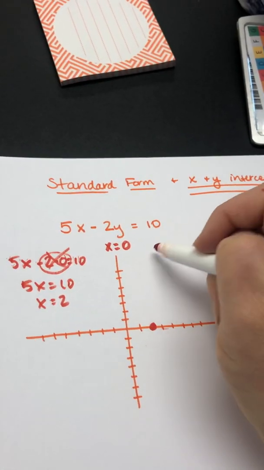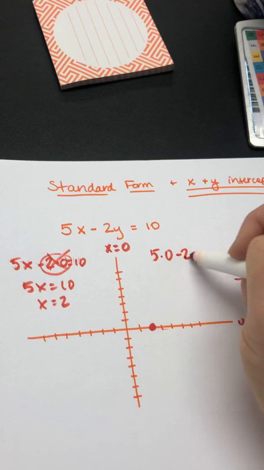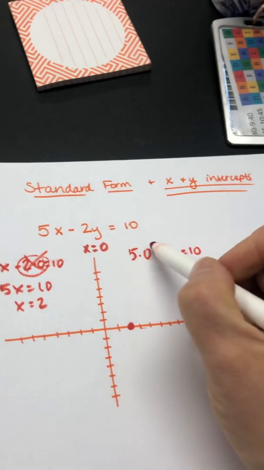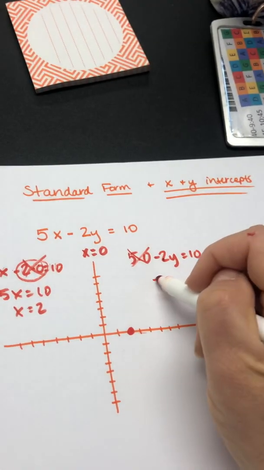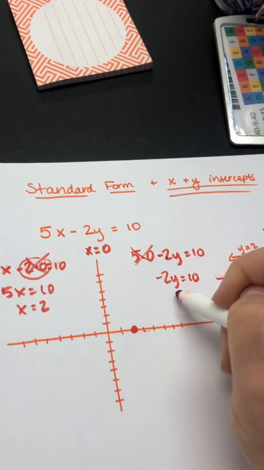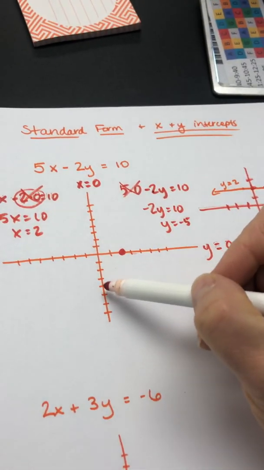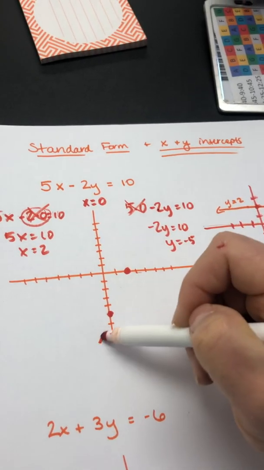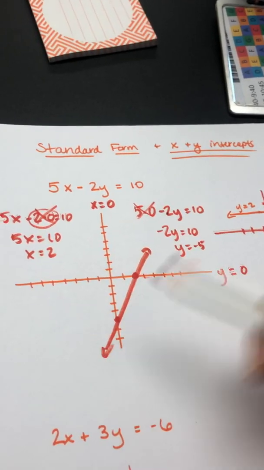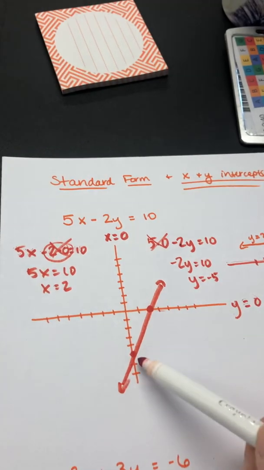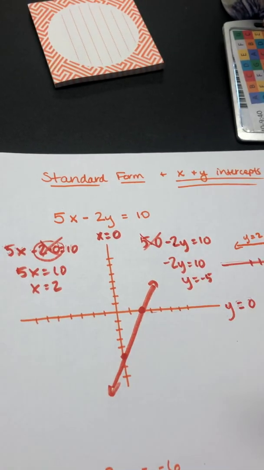For my y-intercept, it would be 5 times 0 minus 2 times y is 10. That gets rid of the first term, so you have negative 2y is 10, so your y-intercept is negative 5. So you come down 1, 2, 3, 4, 5, plot your point, and those are your 2 points on your line, your x-intercept and your y-intercept, and now you can graph your line.